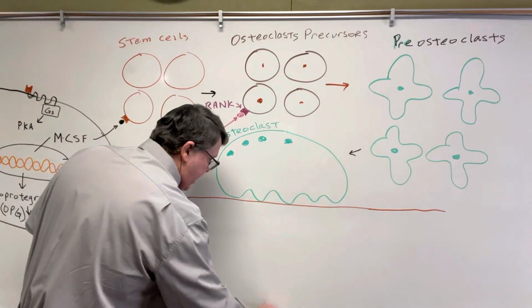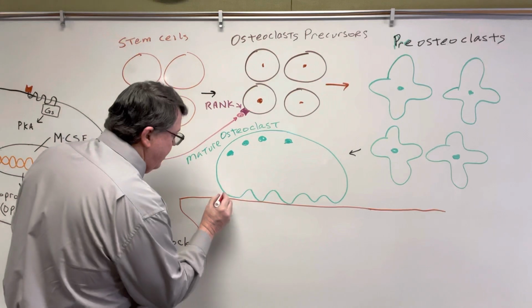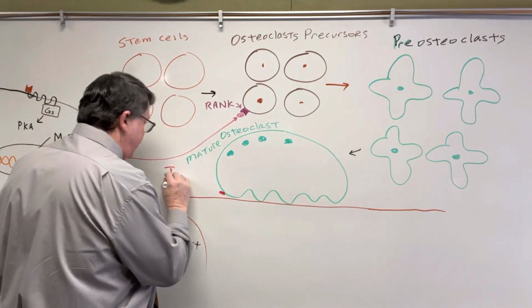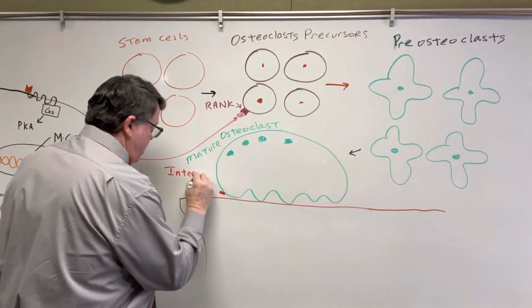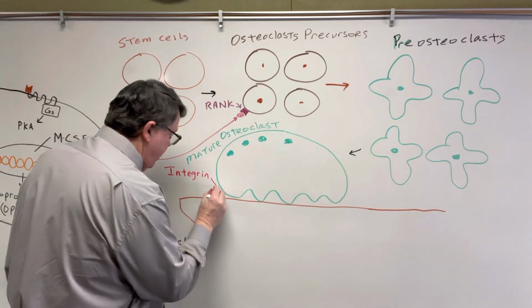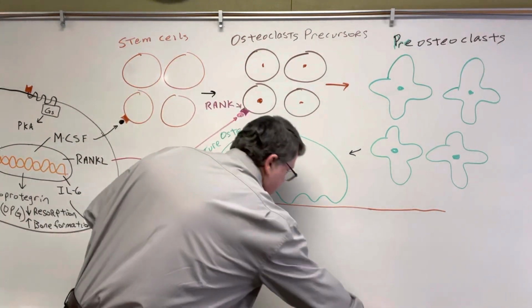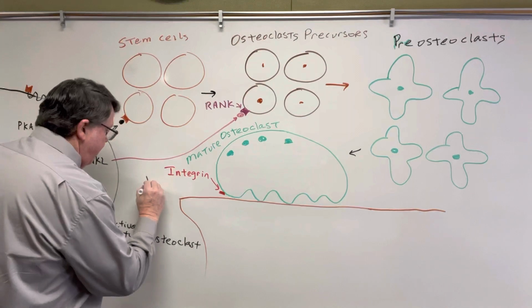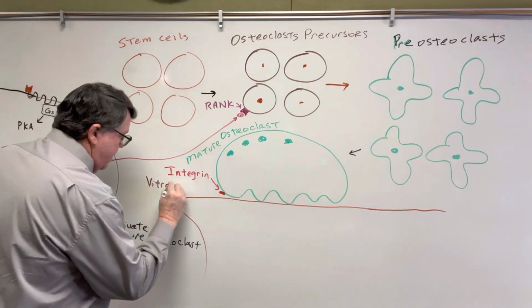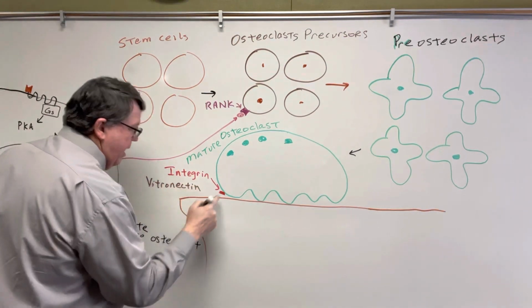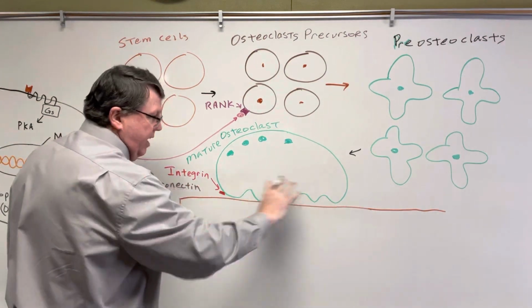And the way it's going to do that is we actually have a little thing in here, which we're going to call integrin. It's a protein right there. And then on this side, we're going to have something called vitronectin. I'm drawing it here, but it also applies on the other side and other places here.